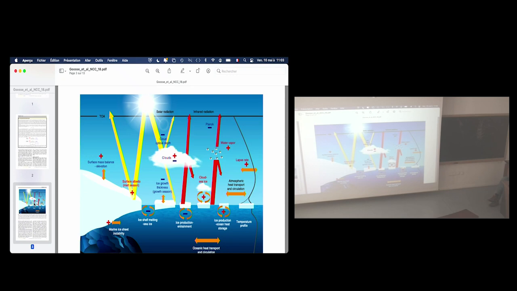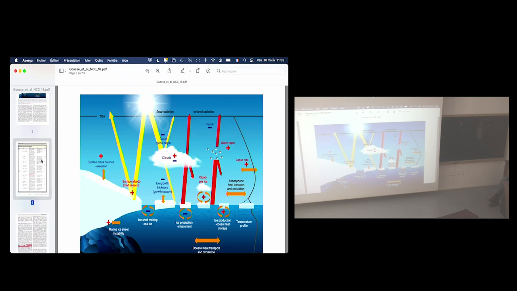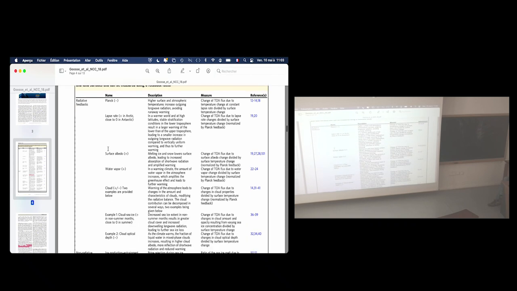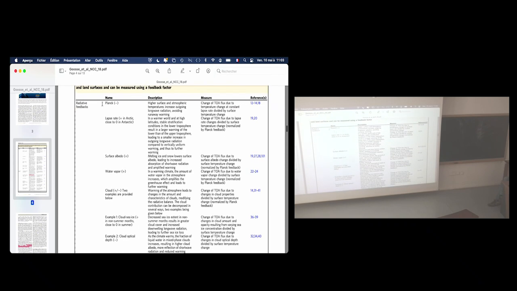And then there is this table that took forever to put together. That was a bit of a crazy exercise to consult all the specialists of all elements of the system and to have a concise table that describes the name of the feedbacks, their description, and how you can measure them. And also you have references here.